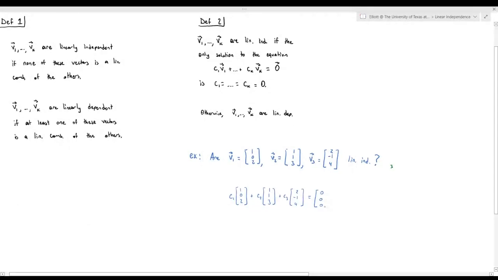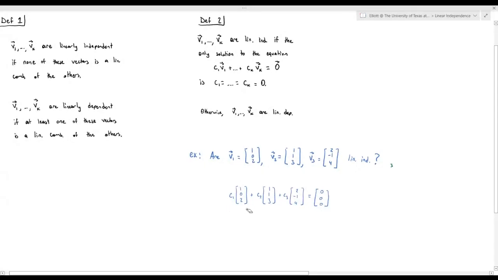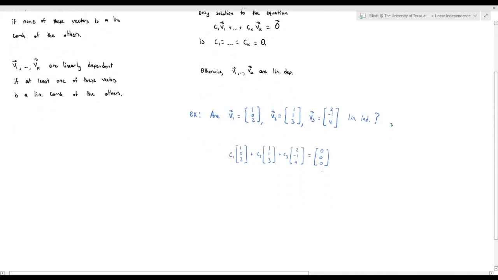What I need to do is try to solve for c1, c2, and c3 in this equation. And depending on what the solution or solutions look like, that will determine if they are independent or not. So let's go about solving this system of equations.